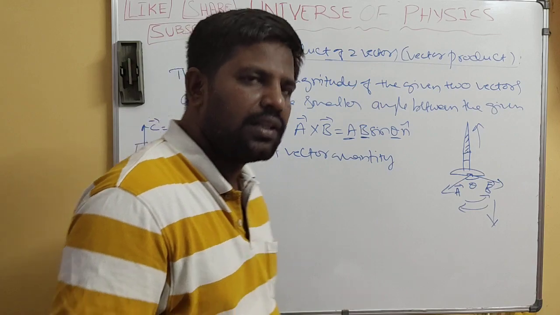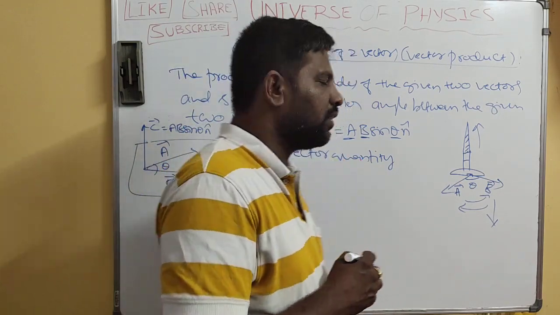Then what are the examples for cross product of two vectors?